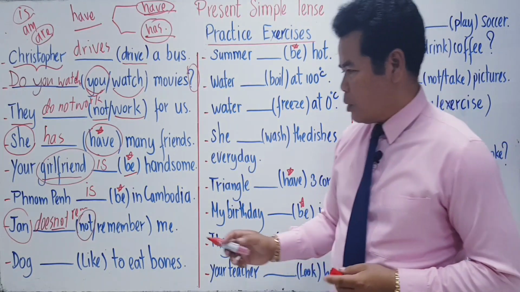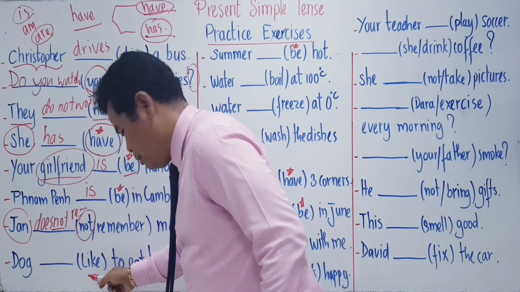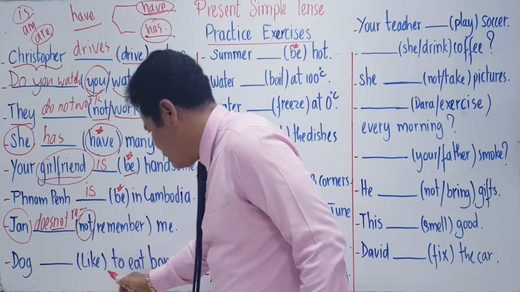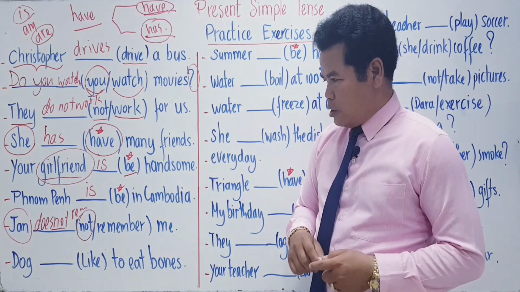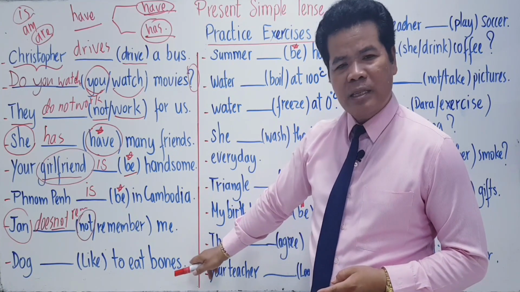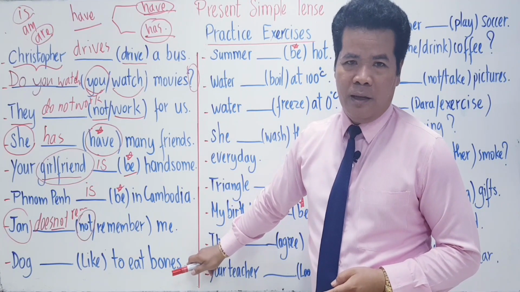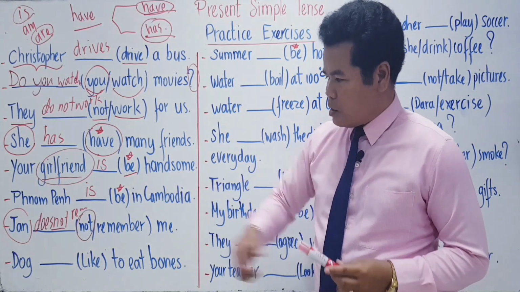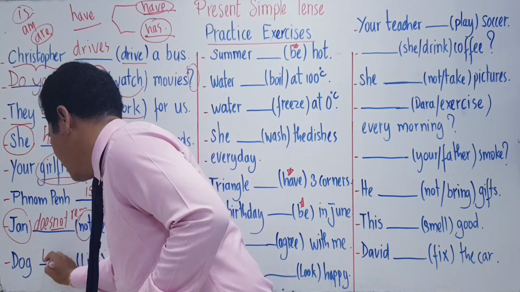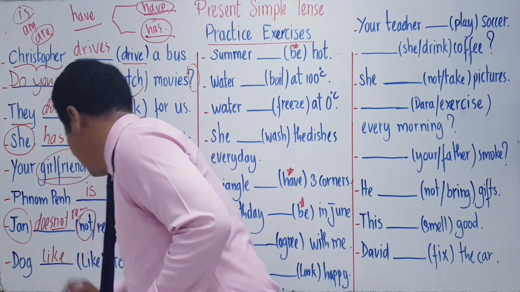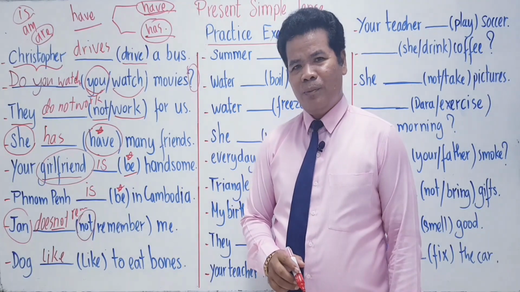Let's go to another one. Dog, in the bracket, like to eat bones. So what is the sentence? It's an affirmative sentence, or positive. Where's the subject? It's dog. So can I say dog like to eat bone?